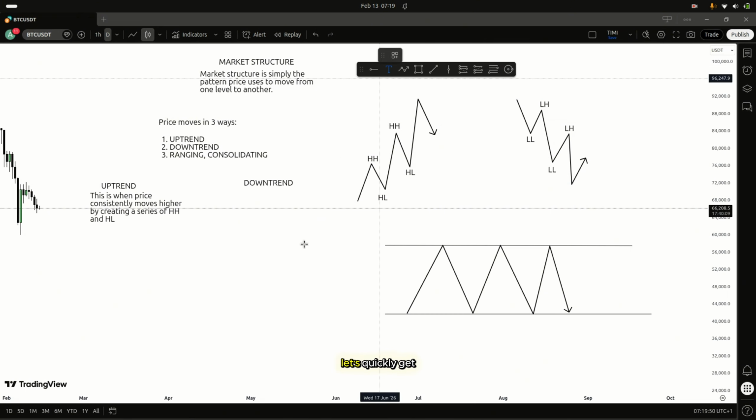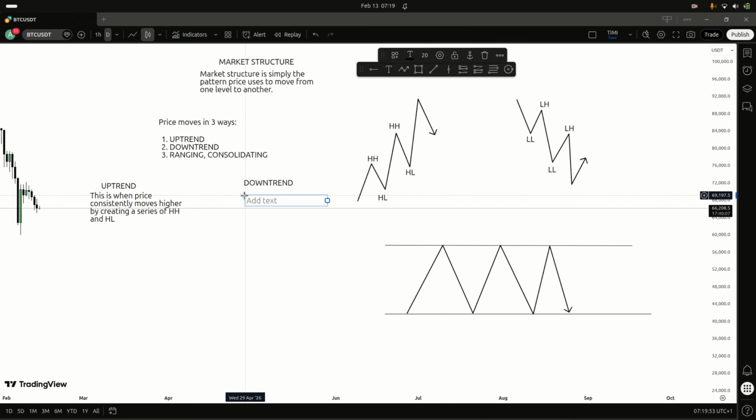So this is when price keeps moving lower by creating a series of lower highs and lower lows. It is as simple as that.